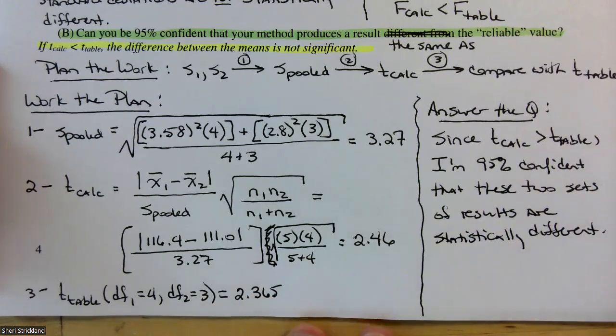And that means that the results from the new method are not the same as the results from the established method. And then you'd have to go back to the drawing board. But that would be an important thing to know.